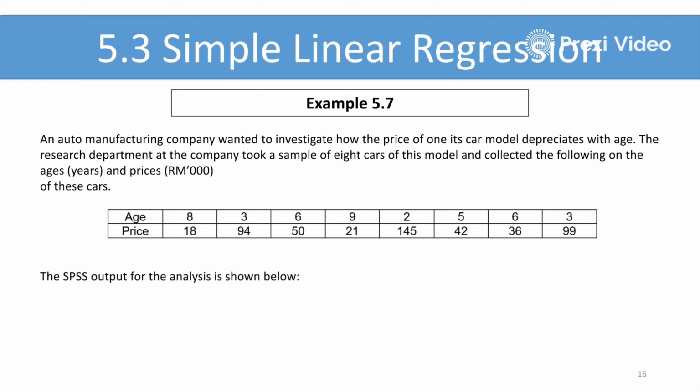Okay, tapi tengok kat sini. Age dia bagi dalam years, tapi prices dia bagi in thousand. Maksudnya nanti unit you kena betul. Okay, jangan simply tulis nombor kecil sebab dia ada bracket thousand. Okay, sama ada you include this bracket thousand in your final answer ataupun you convert siap-siap darab 1000.